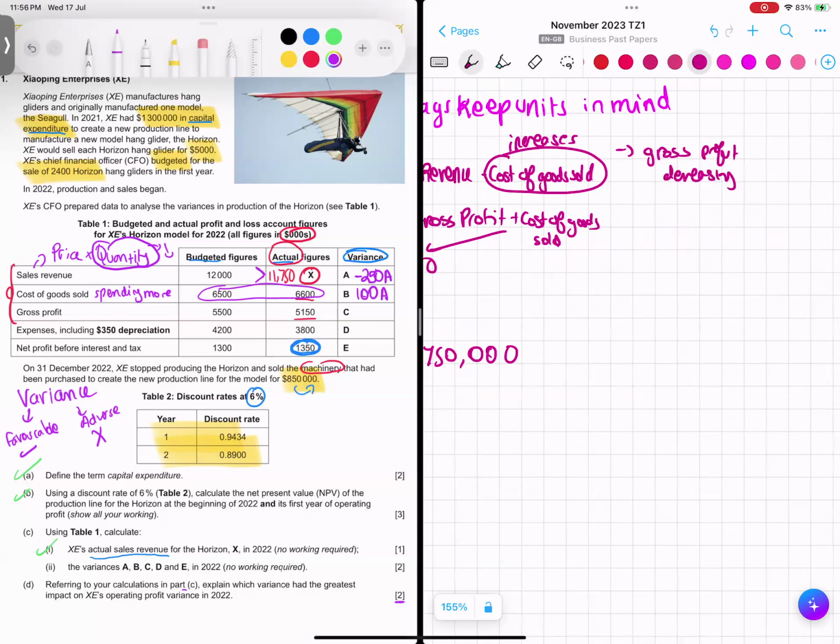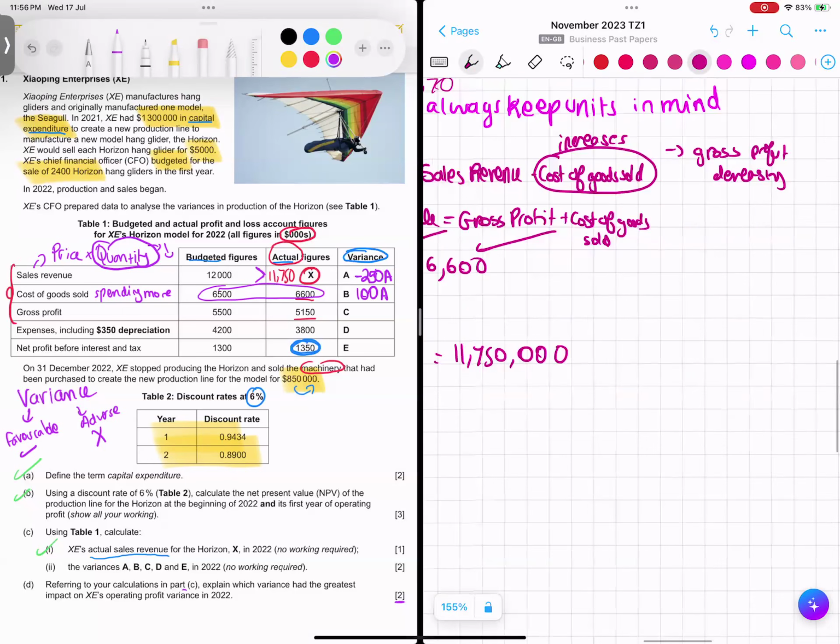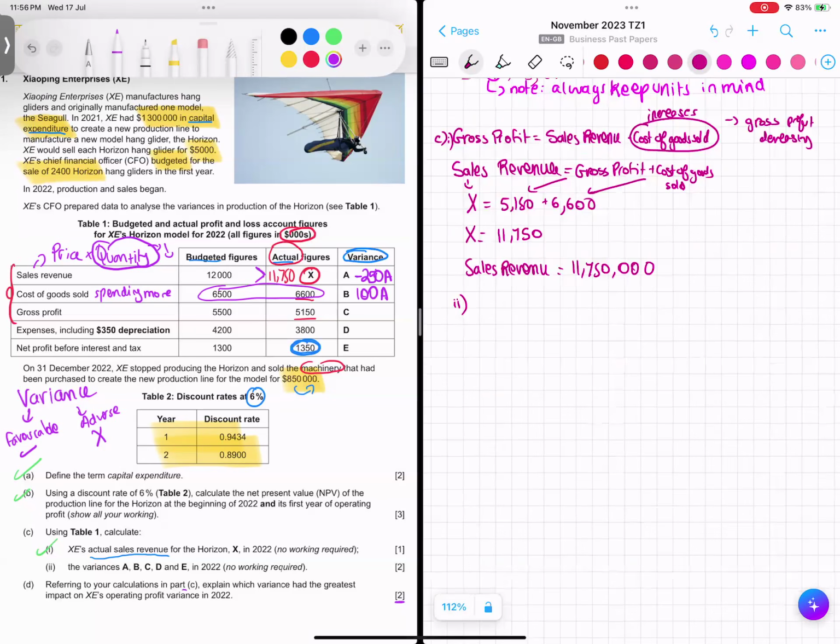Okay, then for gross profit, as I mentioned, if we subtract the actual figure by the budgeted figure, we are going to get a negative number. So we're going to get minus 350, right? And this is adverse because a gross profit that's less than anticipated is a bad thing, because it means that either the sales revenue has decreased or the cost of goods sold has increased.